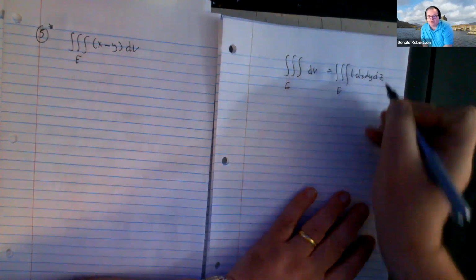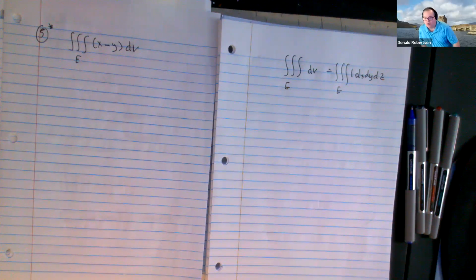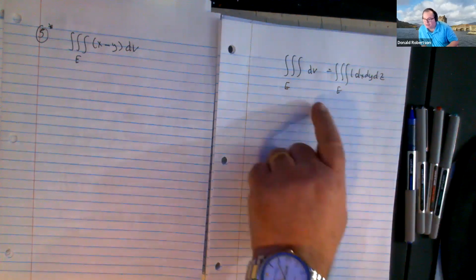What physical thing are you finding when you do a triple integral of 1? Would that be volume? Yeah. You're finding the volume of, well, whatever E happens to be. It could be an egg or something, right? But you're finding the volume of E.